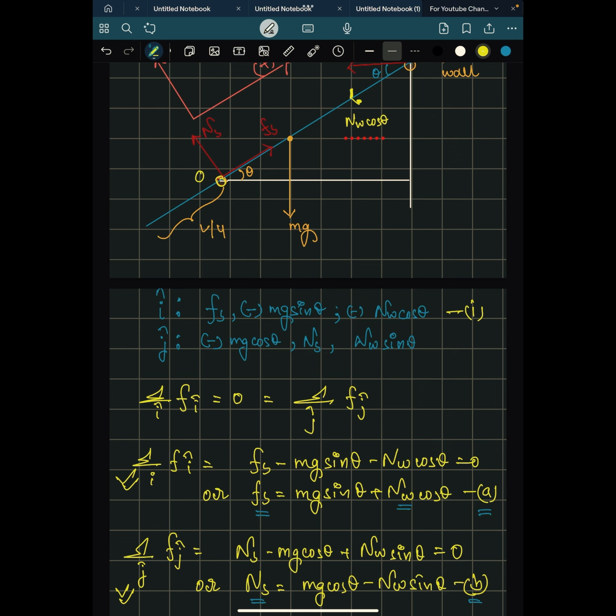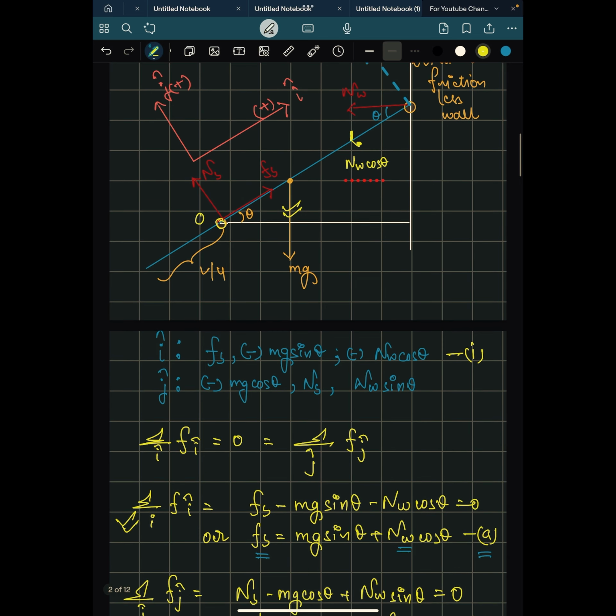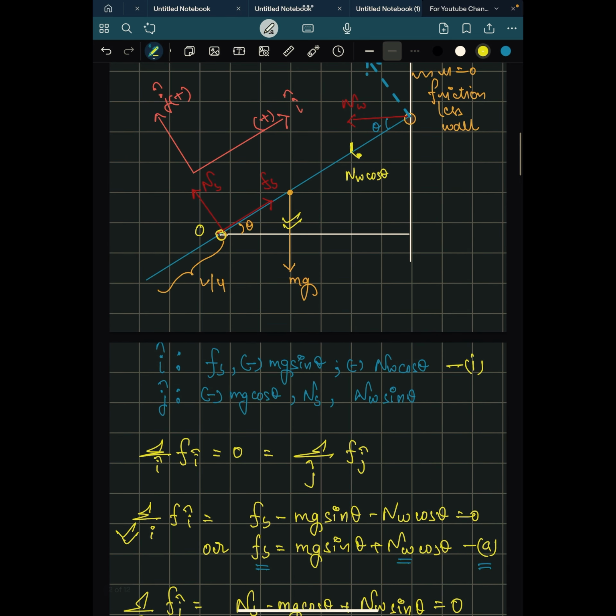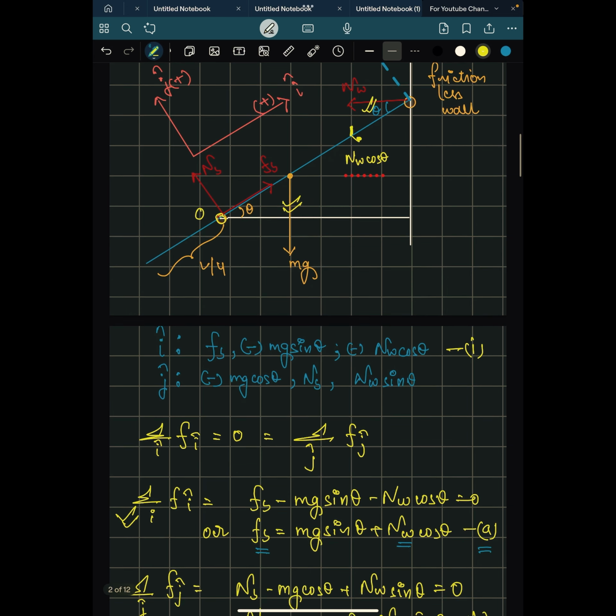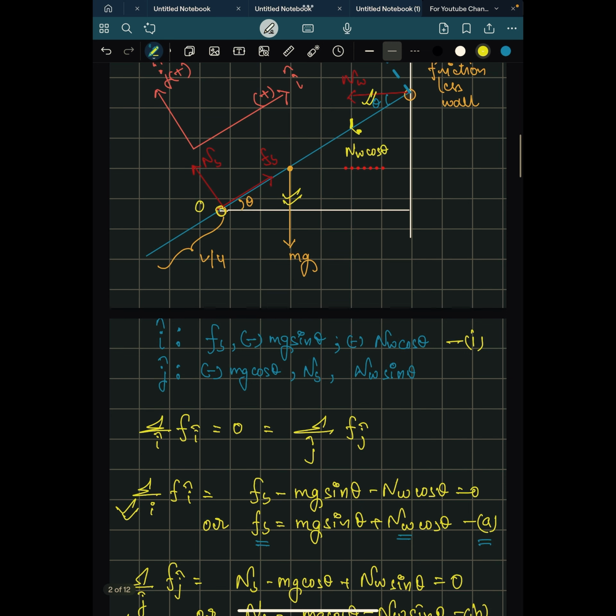So all that will be left is the moment of this mg, which will be balanced by the moment by Nw, right? So the moment of mg: this distance is L by 4, and again this distance is L by 4, because the mg acts downwards from the center of the ladder, as it has uniform mass density in this question, right?